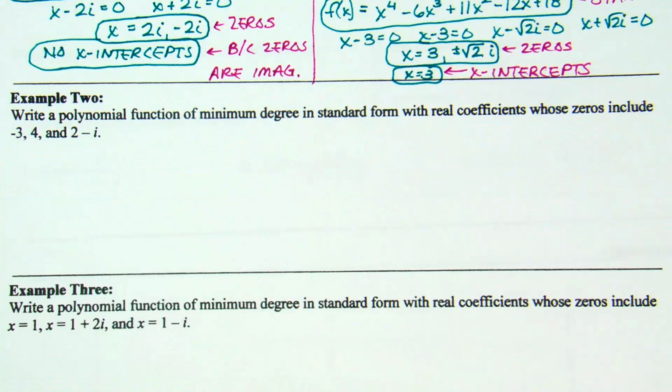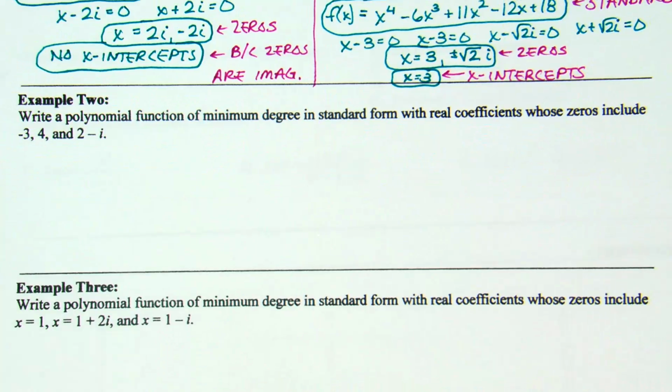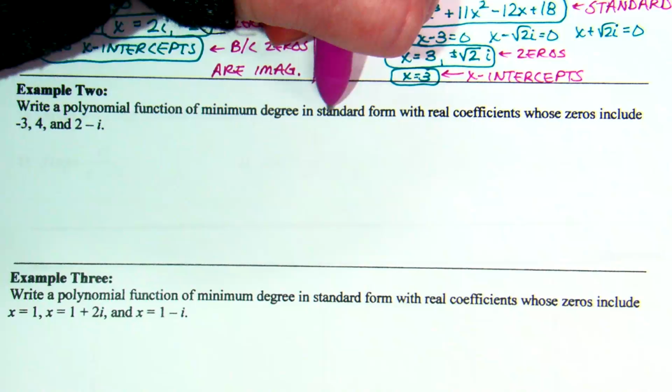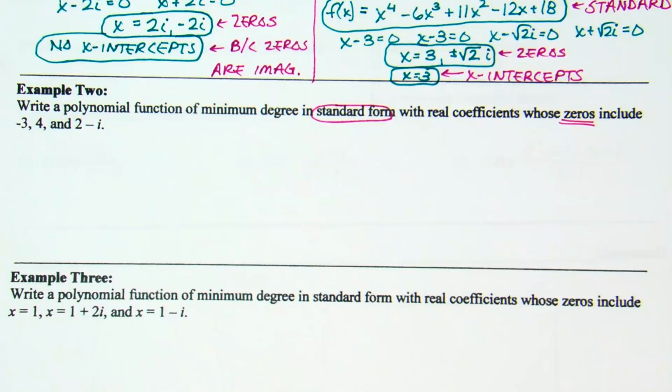Example 2 asks us to write a polynomial function of minimum degree in standard form with real coefficients whose zeros include -3, 4, and 2 minus I.